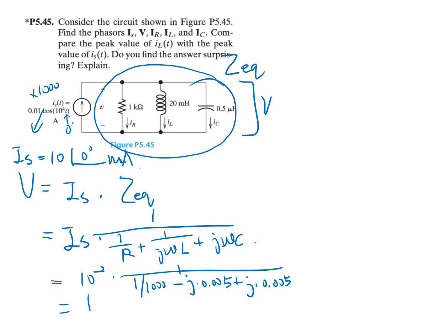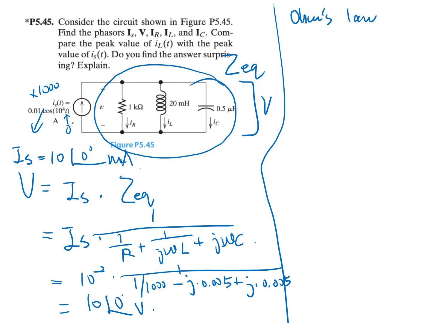And simplify this, you can get 10, the angle of 0 volts. And simply use the Ohm's law. We can find the current for each branch. So that's V over R. You can get the current flowing through the resistor to be 10 angle 0 milliamp.